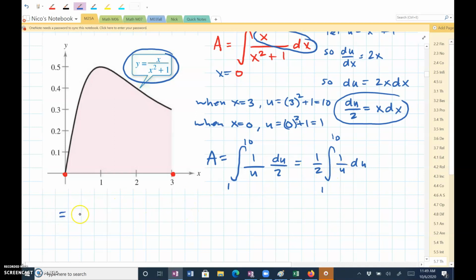Then if I find the antiderivative, it's going to be 1/2 the natural log of the absolute value of u. And I'm going to evaluate this from 1 to 10. So this would be 1/2 the natural log of the absolute value of 10 minus 1/2 the natural log of the absolute value of 1.